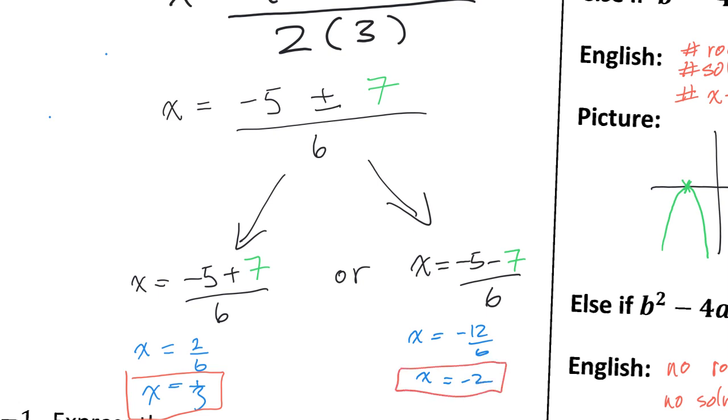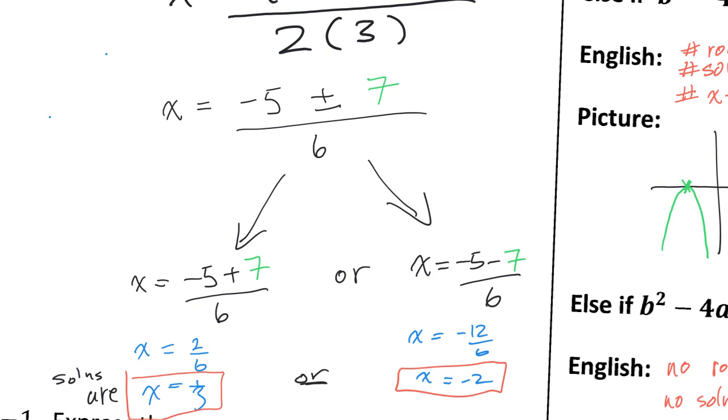Now that I've got that, you would say the solutions are x equals 1/3 or x equals negative 2. And that's it. So we could say the solutions are negative 2, the x-intercepts are negative 2, or the roots are negative 2.